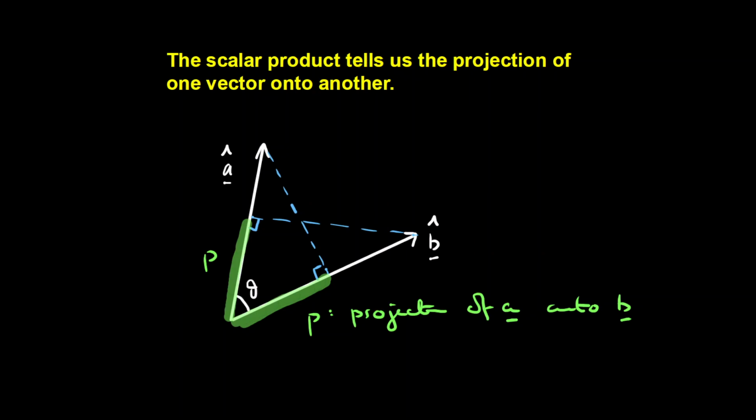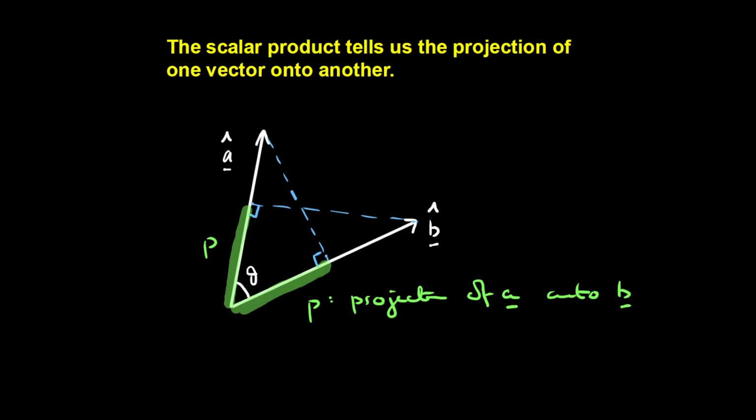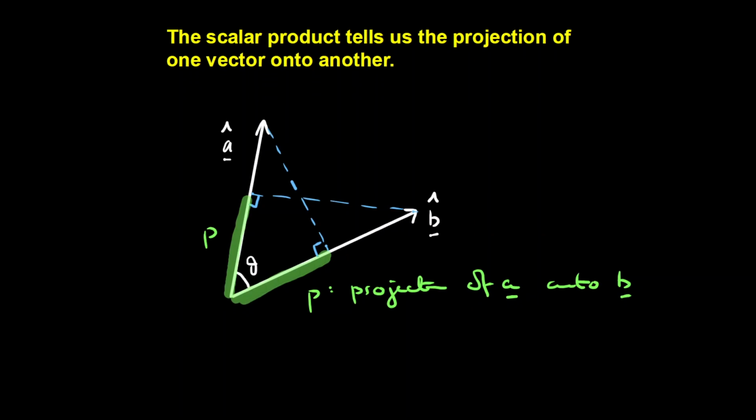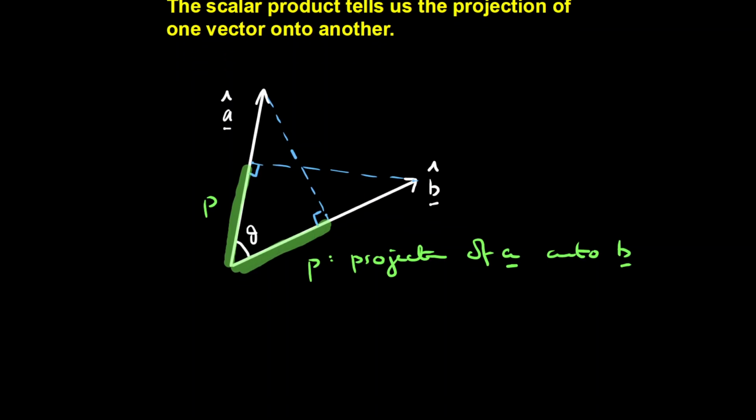Now let's try to show why this works, and we're going to show why it works using a two-dimensional example. Let's go down. I'll draw this out one more time, I think.